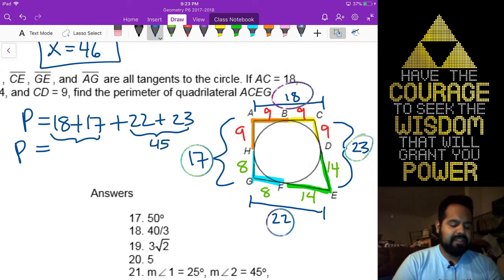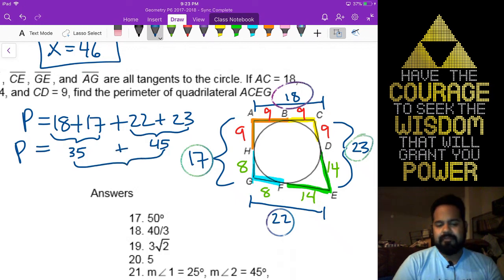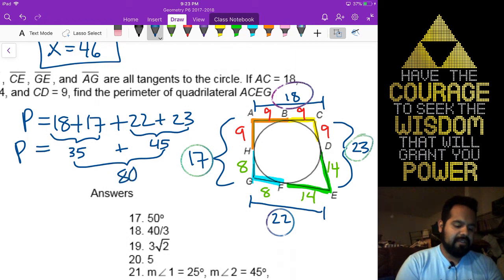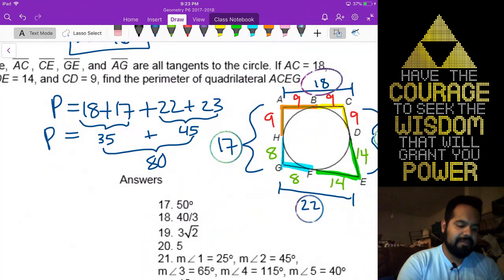Eight and 7 is 15, so that's 35. So 35 plus 45. Yeah, guys, I'm really tired. 80. So my perimeter is 80. Let's see here. Did I give you units? No. So what are we going to write? We're going to write 80 units.